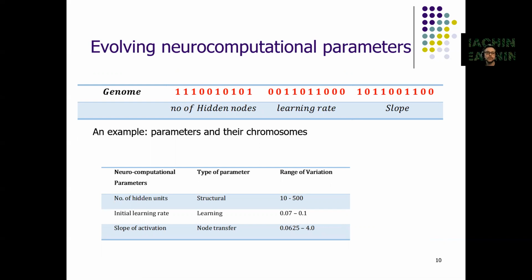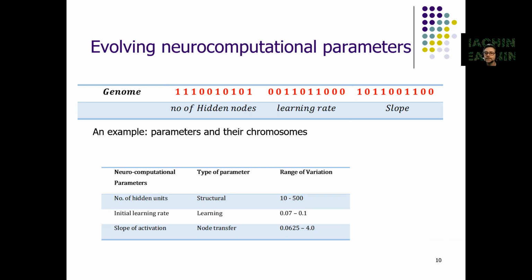When you do this kind of approach, you would have to make some decisions about the range of variations that you allow. So for example, in this case, we said that number of hidden units can vary between 10 and 500, learning rate 0.07 to 0.1, slope of activation 0.0625 up to 4.